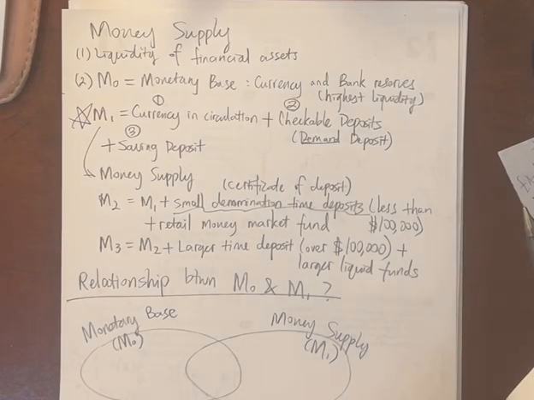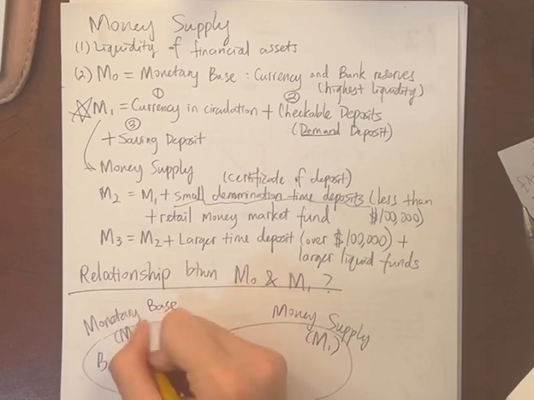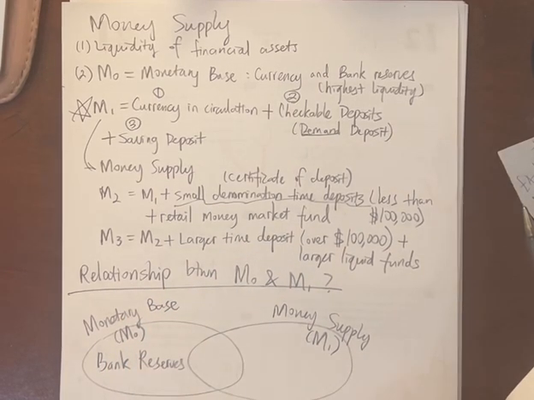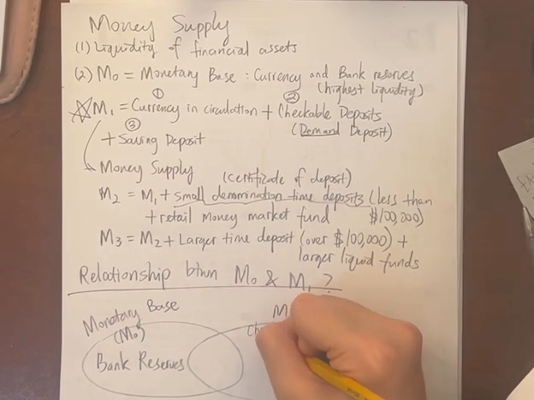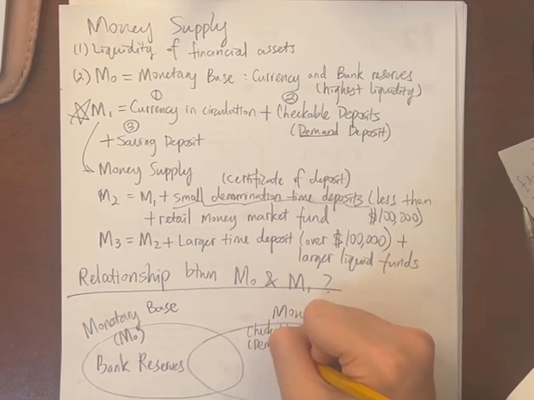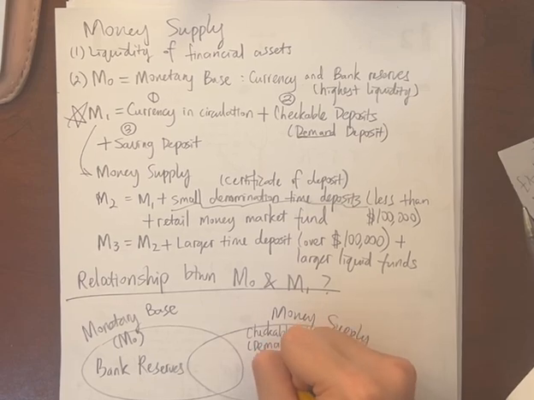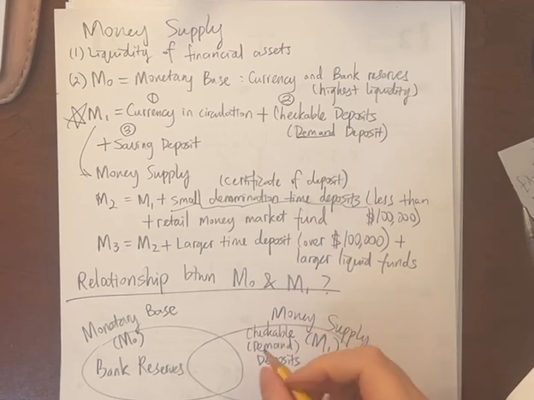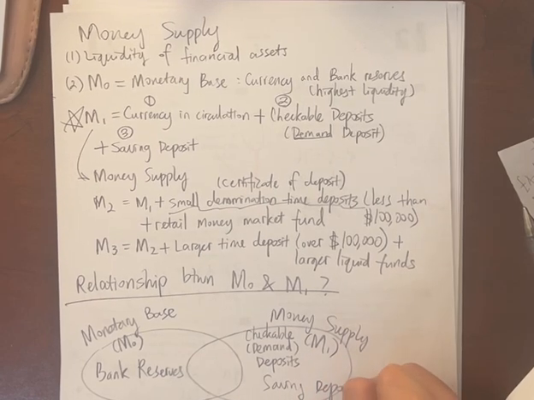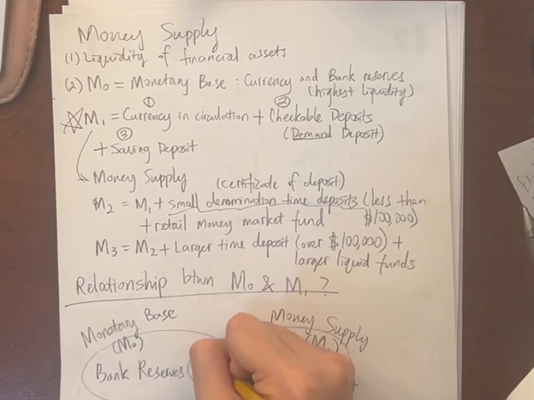First of all, what we mentioned before, bank reserves. And M1 includes checkable deposits or demand deposits, and savings deposits. And what they both have, the overlapping part, is the money in circulation.